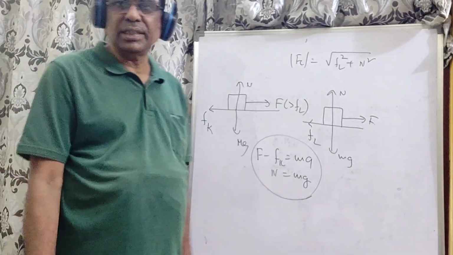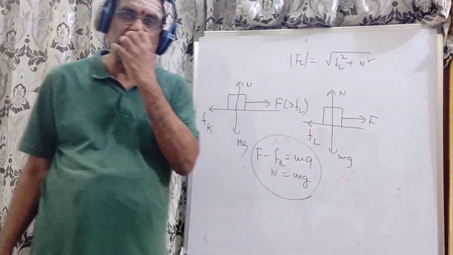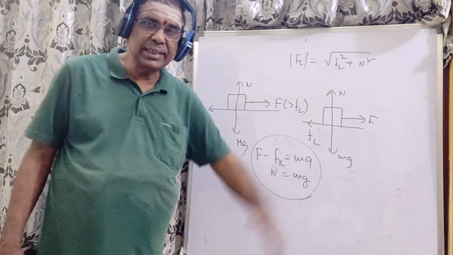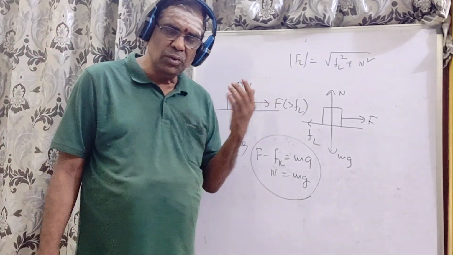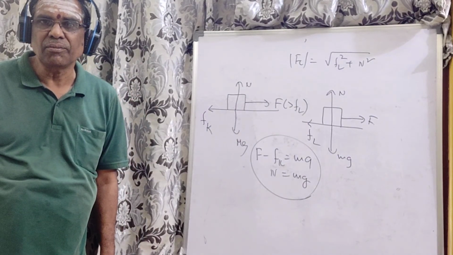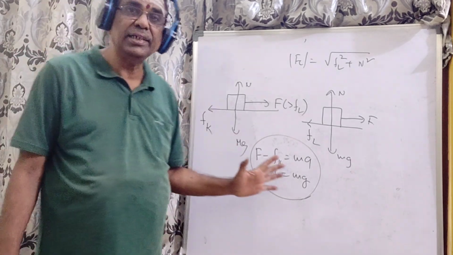F minus Fk is ma, N is equal to mg. Likewise, you are going to get it. I hope this is clear to you. When does it accelerate? We see. If you bring that force down to a value below Fk, the body would come to a halt. It rests. That's how it is. Is this clear to you?